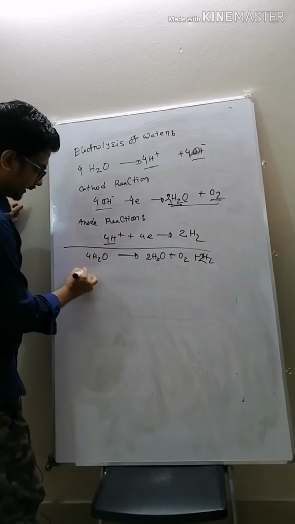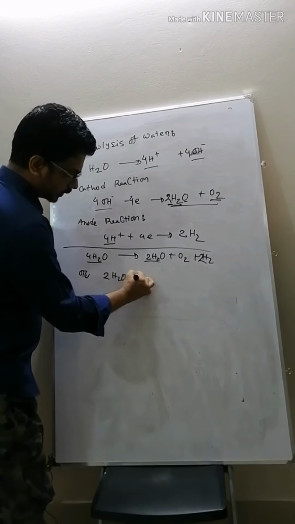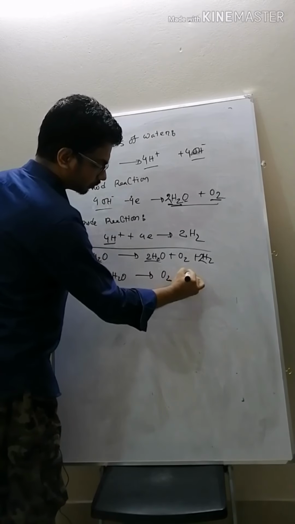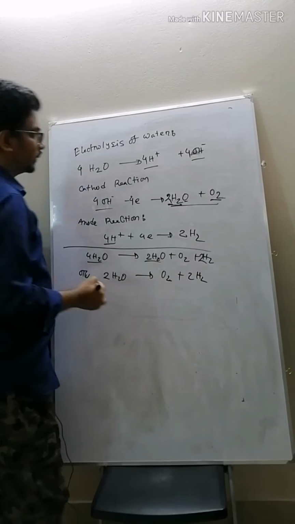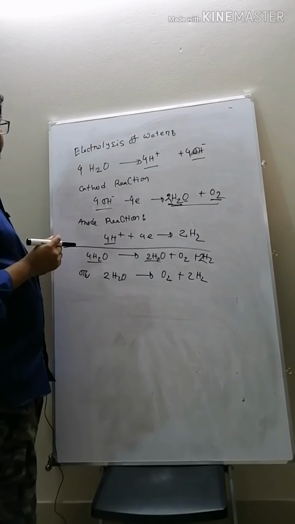And if we balance this, 2H2O is equal to 2H2 plus O2.